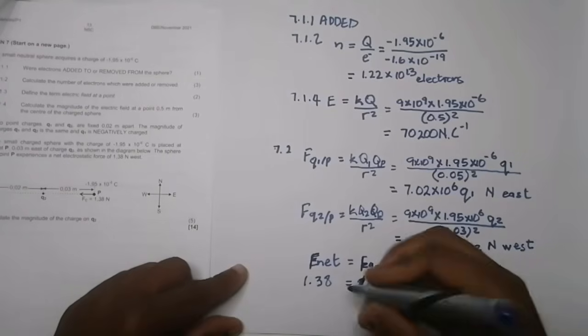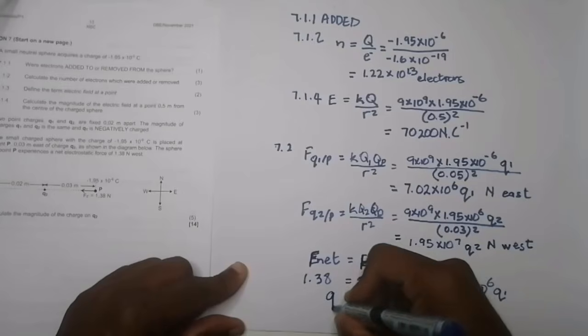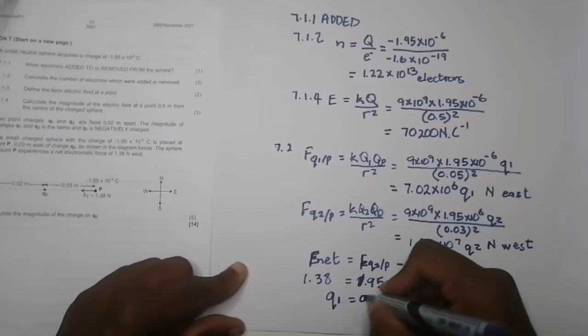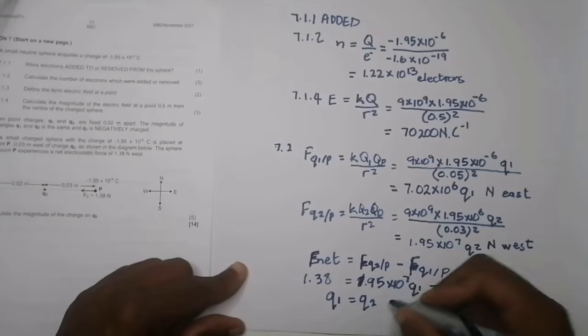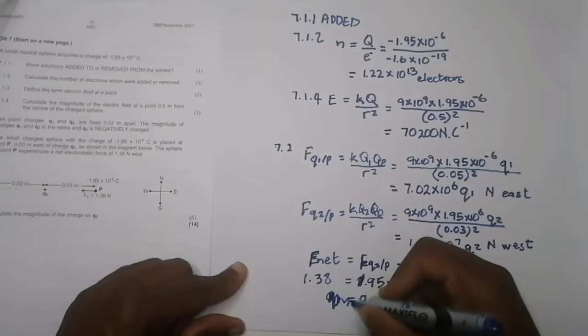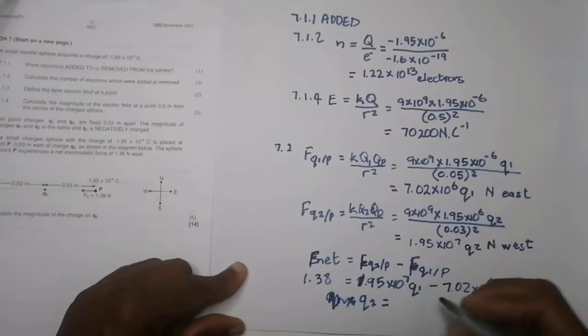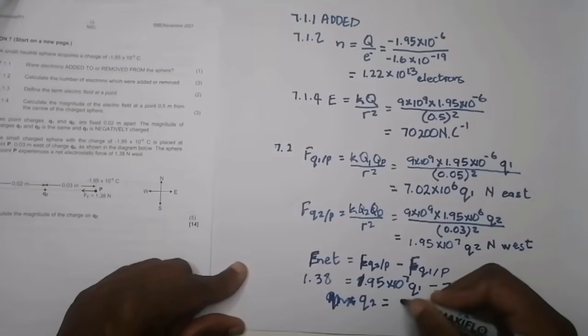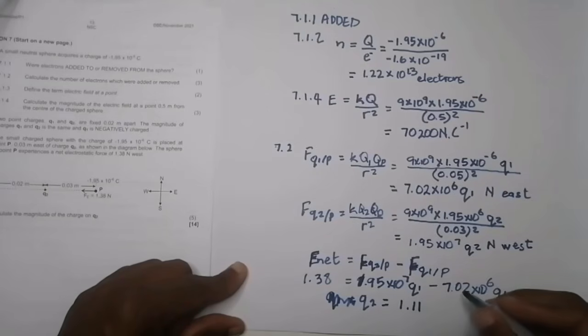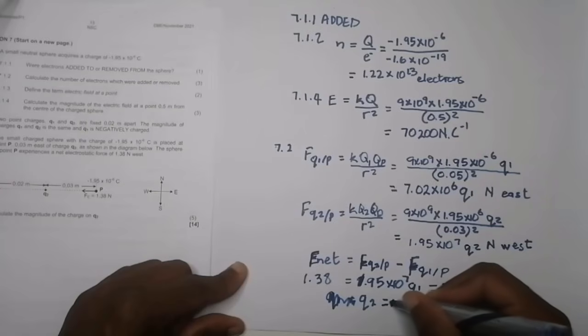I get a charge of Q1 which is equal to Q2 in terms of magnitude, by the way. Let's just find the charge of Q2 because that's what we're asked to find. I get a value of 1.105, so I'm just going to say 1.11 times 10 to the power minus 7 coulombs. And please remember this Q2 must actually be a positive charge.